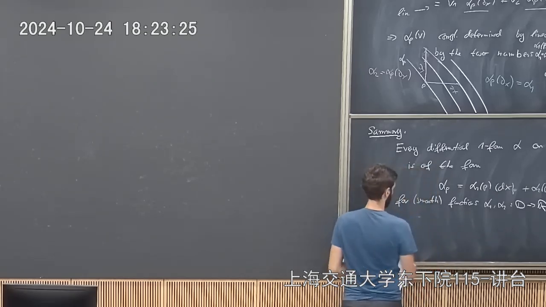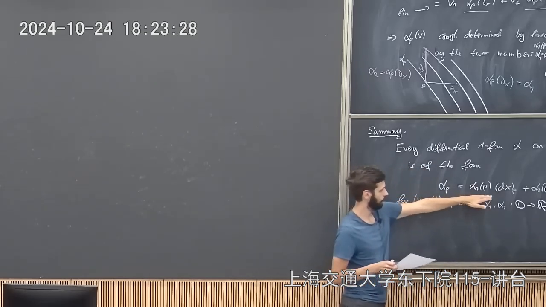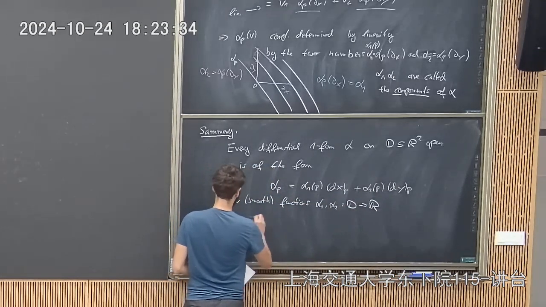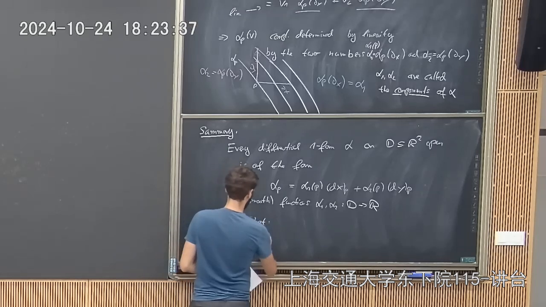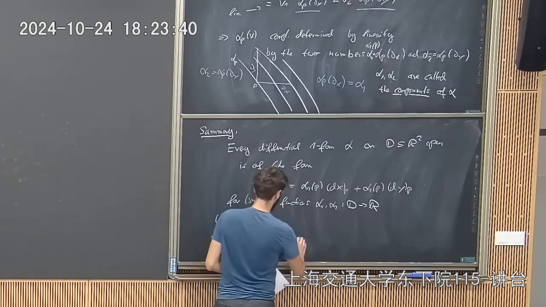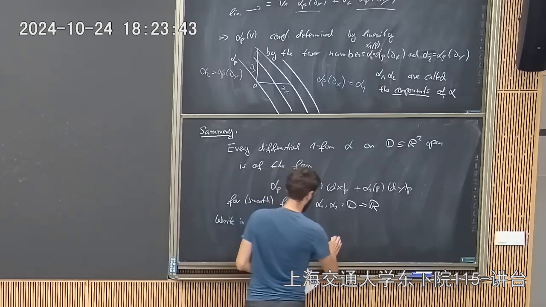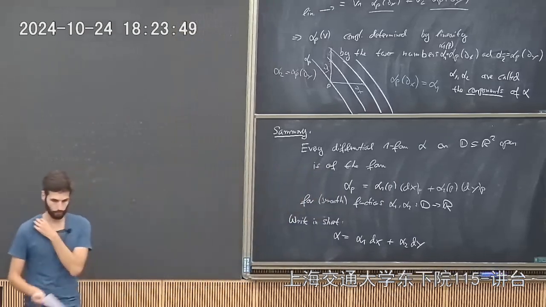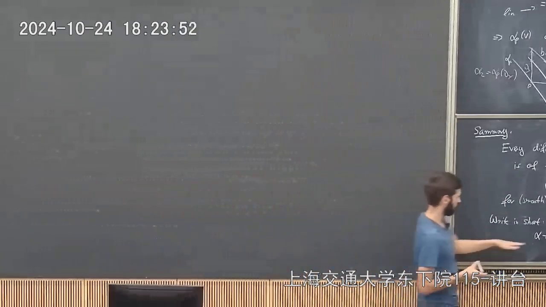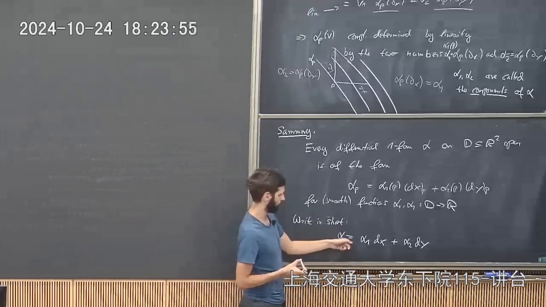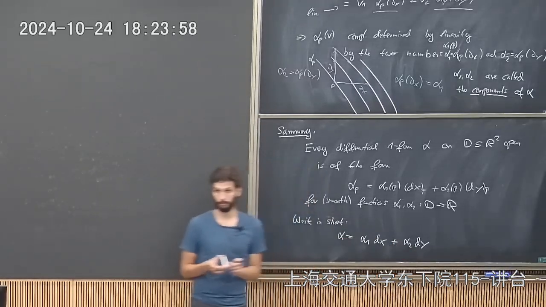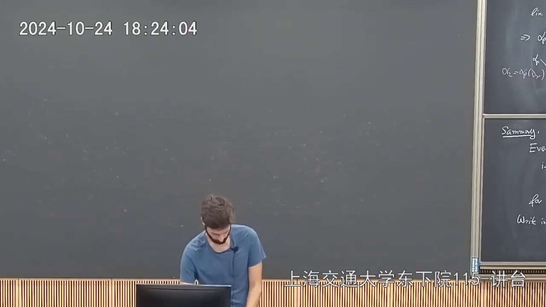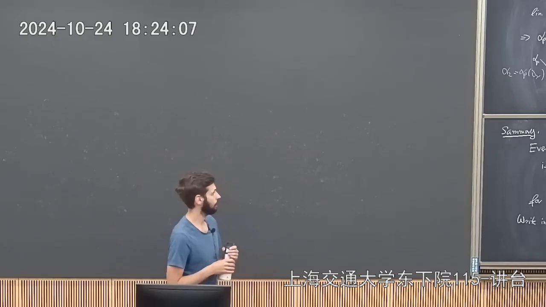And usually it's a bit cumbersome to write this p all the time. So we just leave it out and write in short: alpha equals alpha 1 dx plus alpha 2 dy. You should think that this is just notation, where for every point p there is a right-hand side and a left-hand side at p.